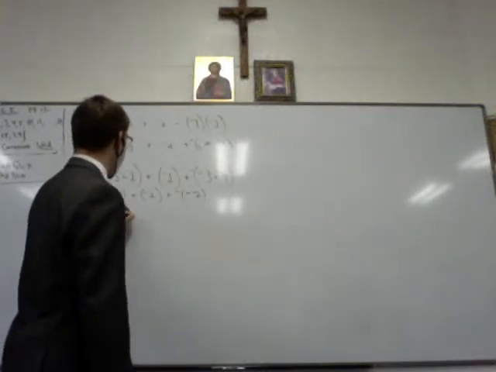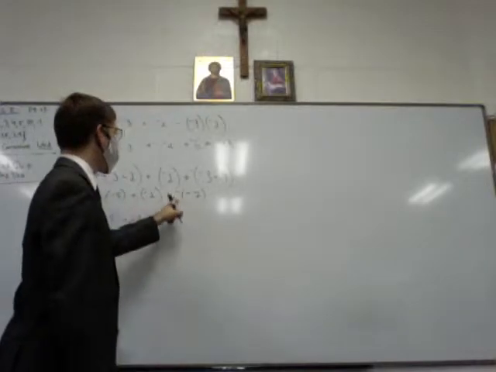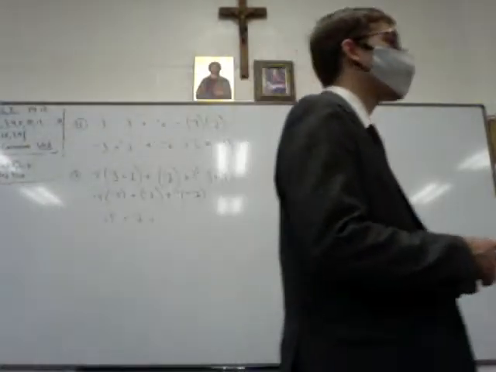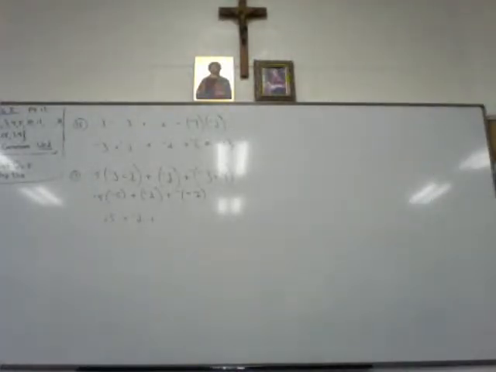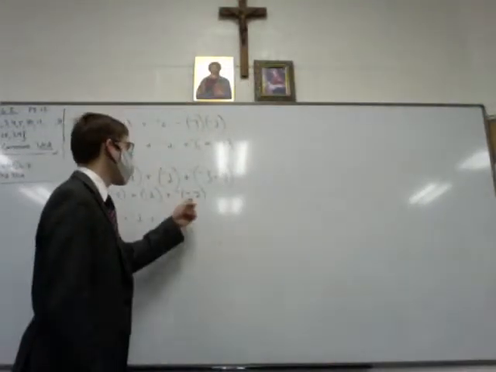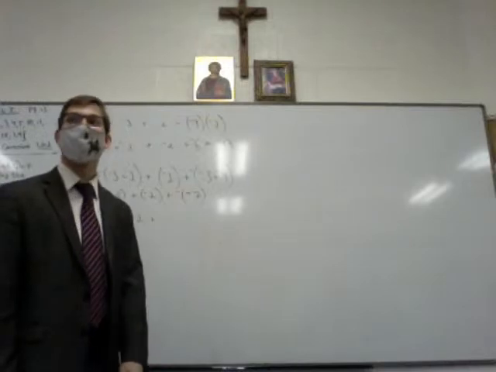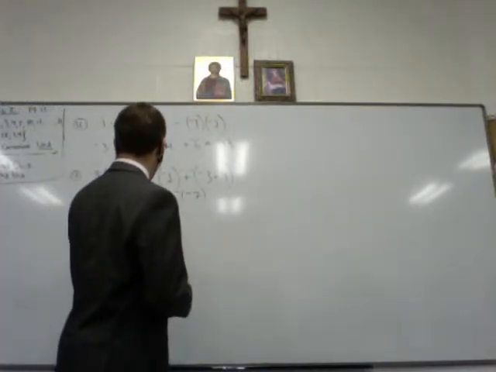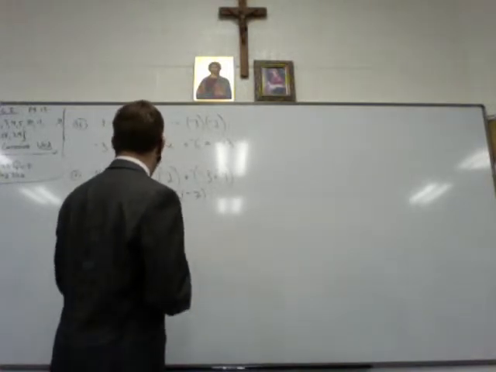Let's simplify these negative signs. One way to think of a negative sign is times negative 1. I recommend simplifying your negative signs when you do your multiplication, because negative 7 times negative 1 becomes positive 7.